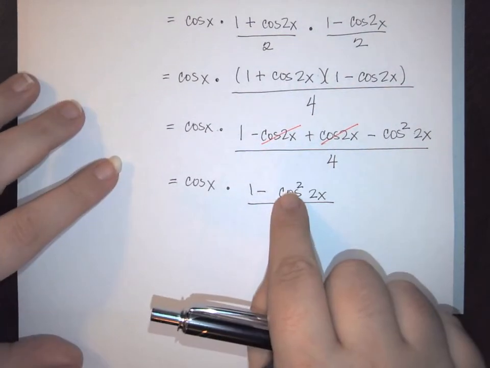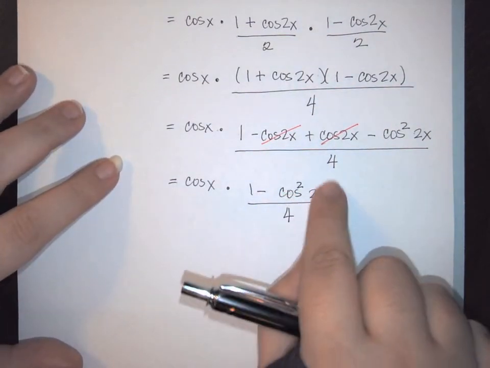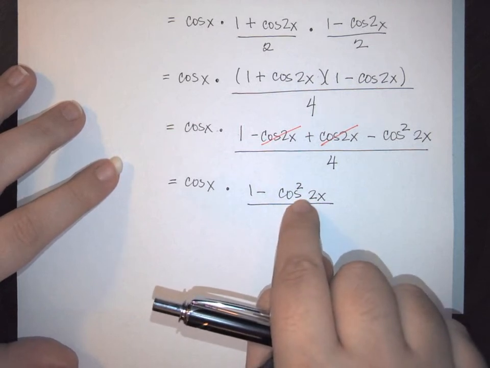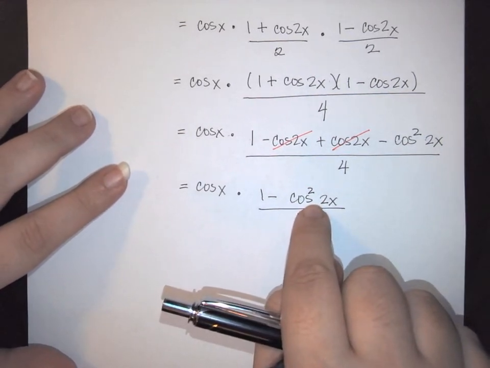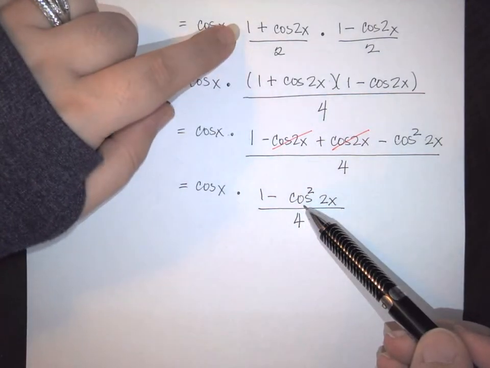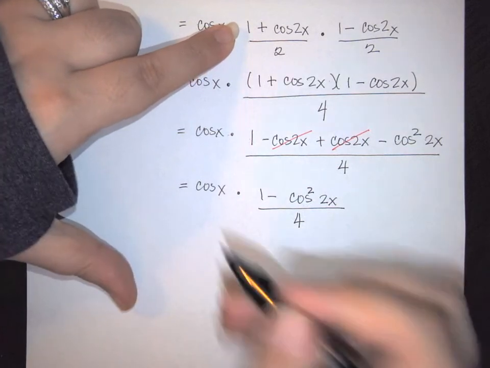Now, if you look at this, one of the things that you can notice is that I can manipulate my cosine squared of 2x. Okay? So if you remember, cosine squared gave me 1 plus the cosine of 2x over 2.